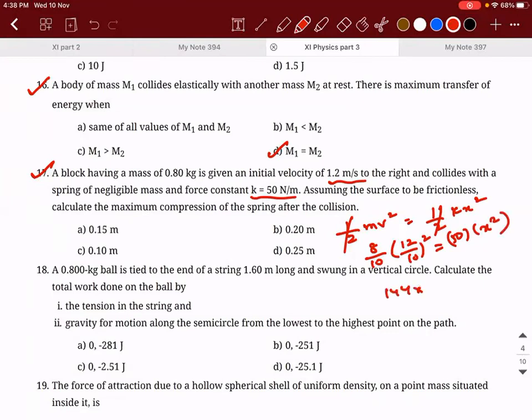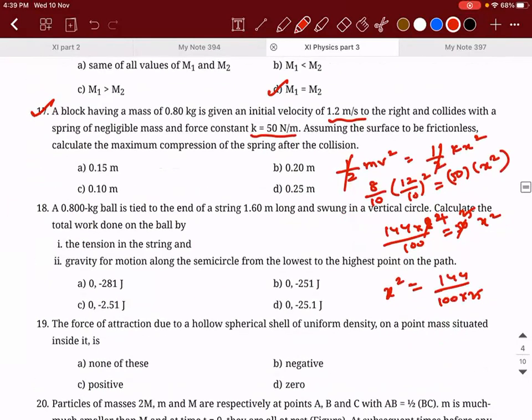So 144 into 8 divided by 100 is equal to 50 into x square. This will go 4 times. This will go 25 times. So x square is equal to 144 divided by, sir, isn't it 144 by 1000 because we have 8 by 10 also? 1000. Yeah.